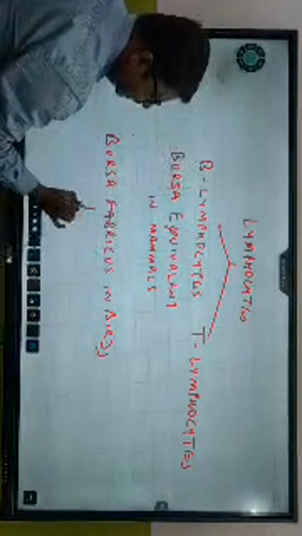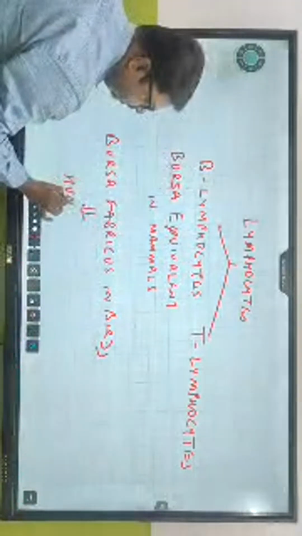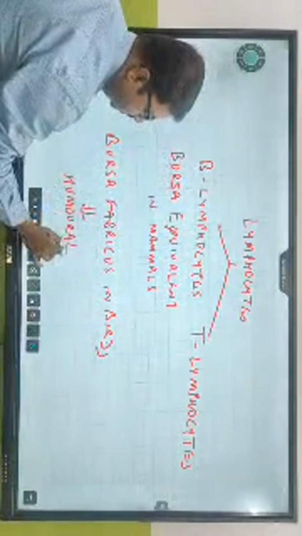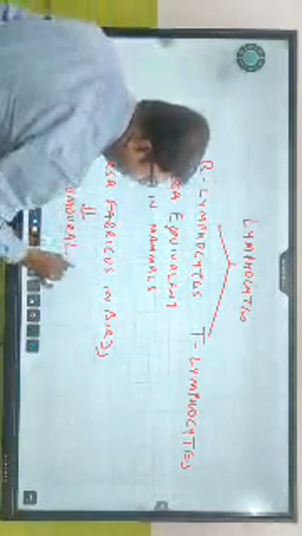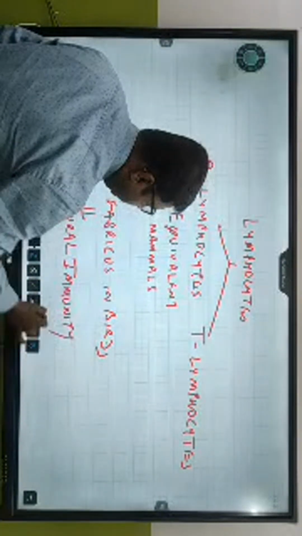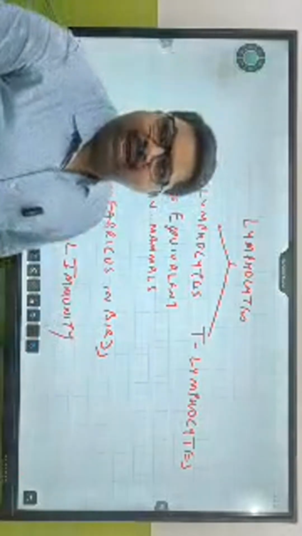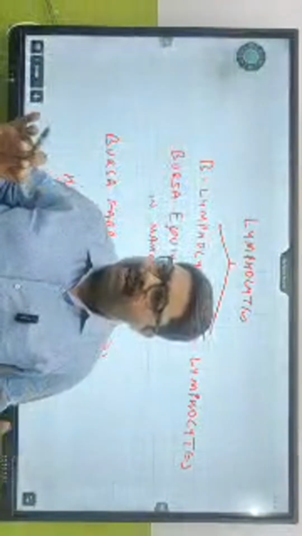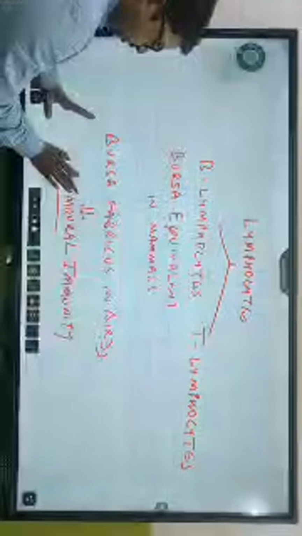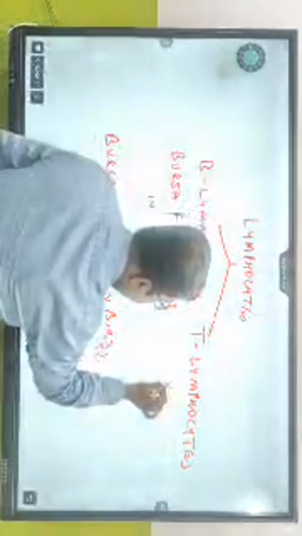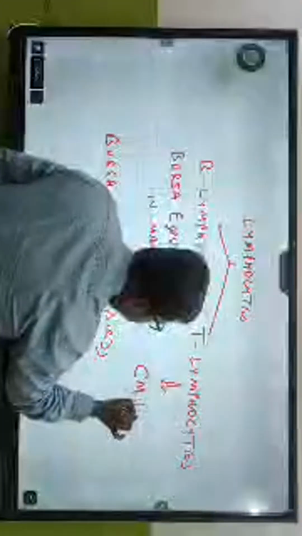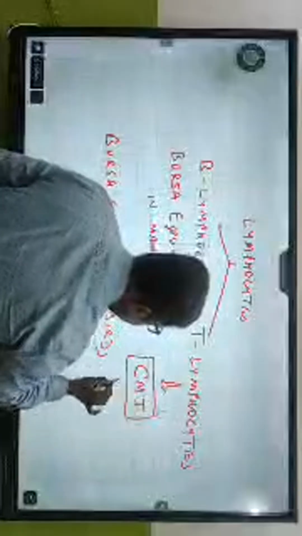So B lymphocytes help in what kind of immunity? Humoral immunity. What is the meaning of the term humor? Humor means blood. So they help in humoral immunity, but T lymphocytes mainly help in CMI, cell-mediated immunity.